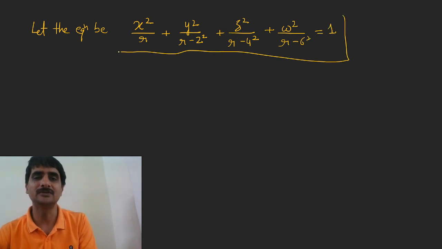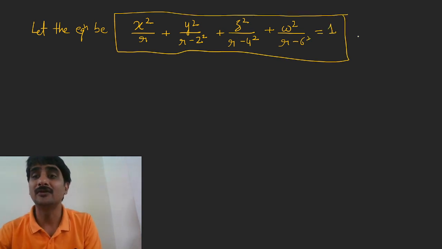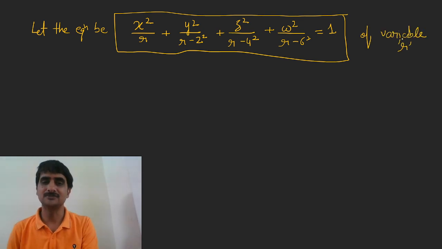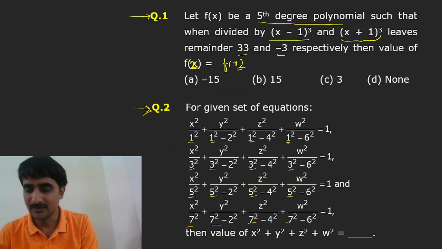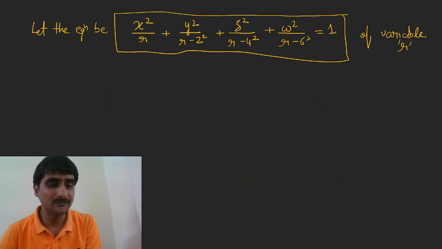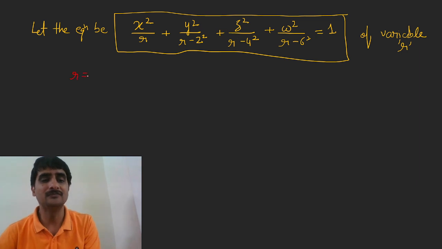Let us assume this equation in terms of variable r. हमने इसे r वेरिएबल की एक इक्वेशन मानी बच्चों. Okay, so that's it. Now this equation has 4 roots, because when you put r is equal to 1 square, 3 square, 5 square, 7 square, these are its roots.